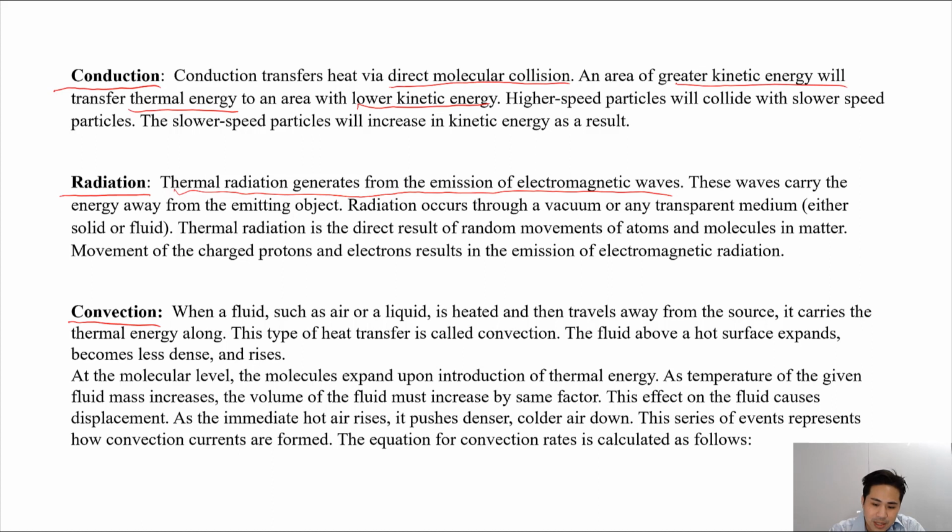Thermal radiation is the direct result of random movements of atoms and molecules in matter. Movement of the charged protons and electrons results in the emission of electromagnetic radiation. So everything actually emits radiation. Any object that is hot can emit radiation to an object that is surrounding it.